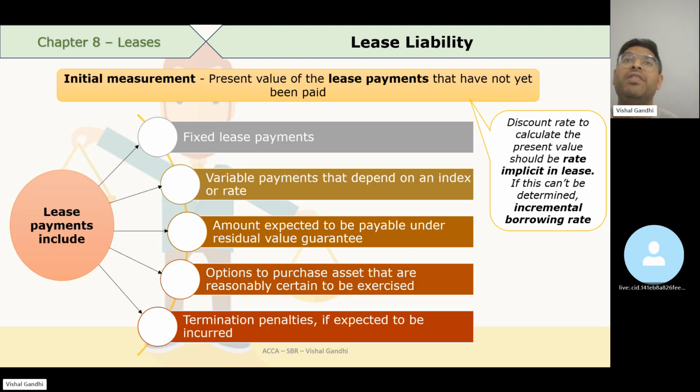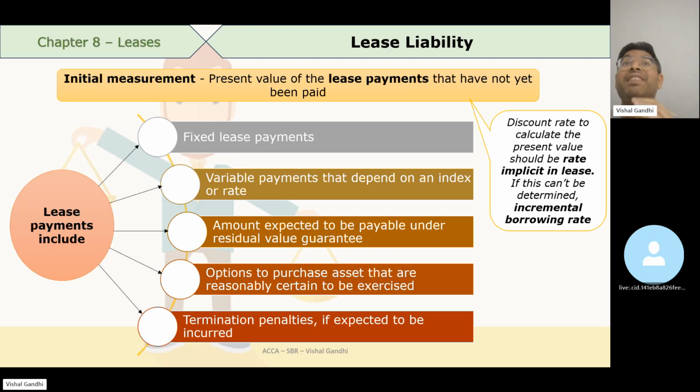Same thing happens in a lease contract. From the lessee's perspective, we are now thinking about the accounting treatment for the lessee. So for the lessee, he gets the asset on lease, right? So he has a right to use that asset. So one asset he gets is a right of use asset for so many years, whatever it is.